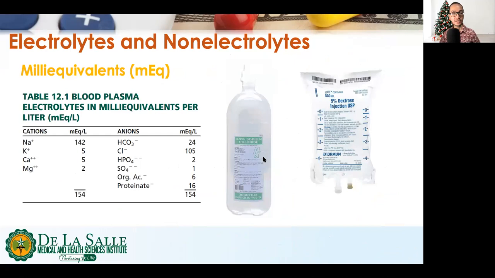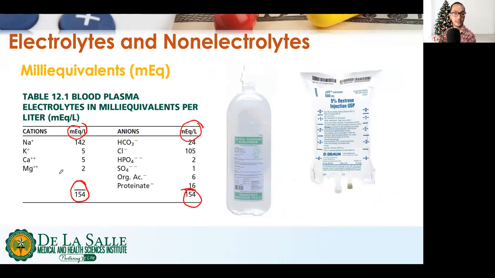Now, these are some examples of ions in the body and their milliequivalents per liter. Now, remember that the cations and the anions in our body are balanced. Okay, so they have approximately the same number of milliequivalents. Okay, yeah.